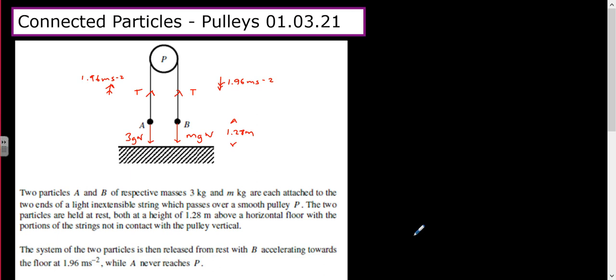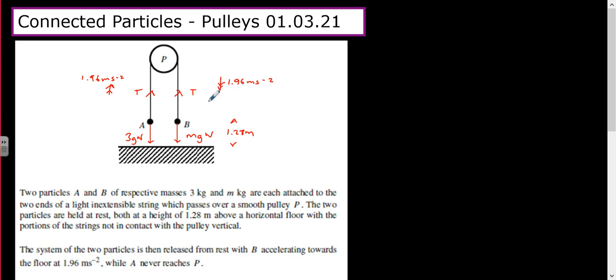You might be asked to calculate tension, acceleration, or the mass. It's the same stuff over and over again, and effectively, all you're doing is setting up a series of equations to solve. So without even looking at the question, I'm going to model both particles separately.